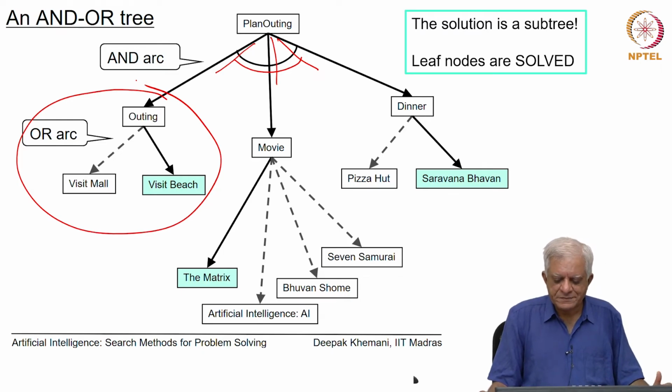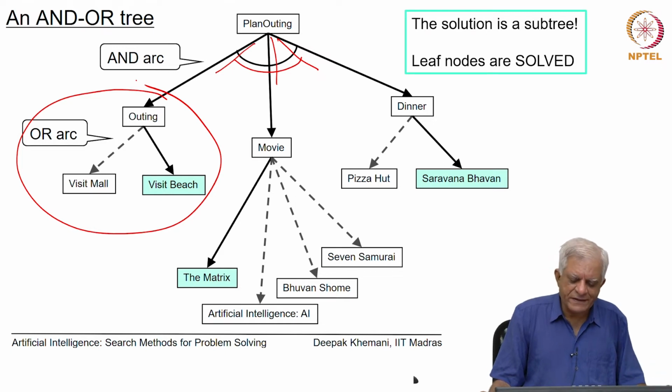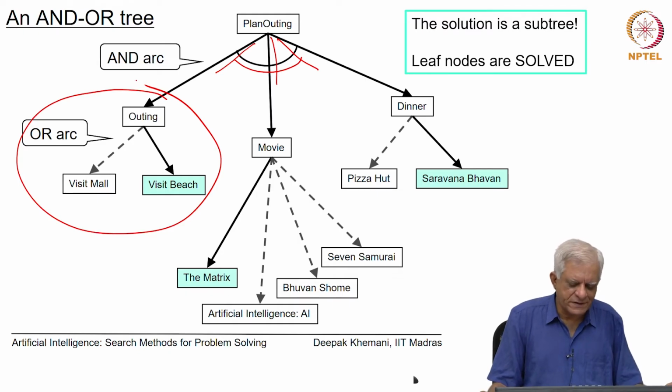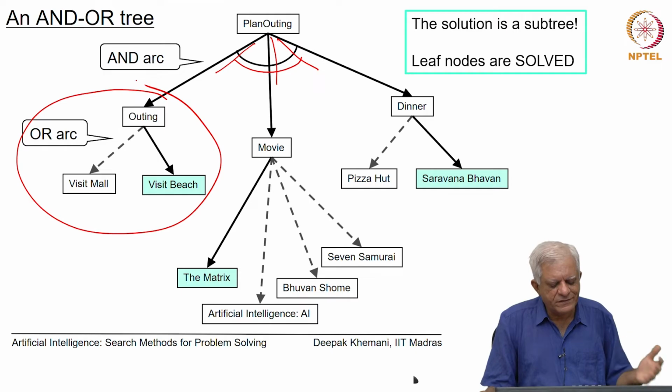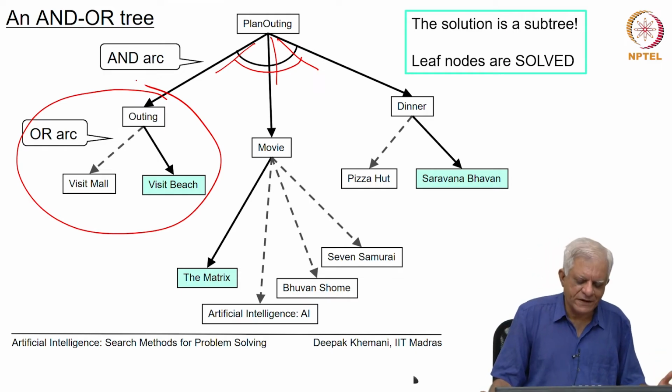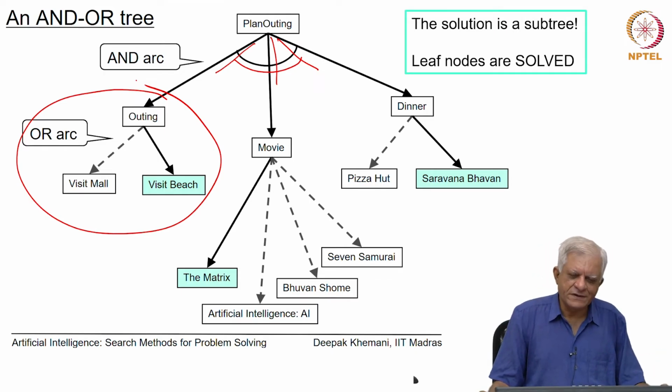Okay. The leaf nodes in this space are the solved nodes, which means you do not have to refine them any further essentially. Of course, if you are working with a different level of detail, then for example, the visit beach node would have been further broken down into sub steps and so on, the kind of stuff that we talked about when we did hierarchical planning, or even when we looked at means ends analysis.